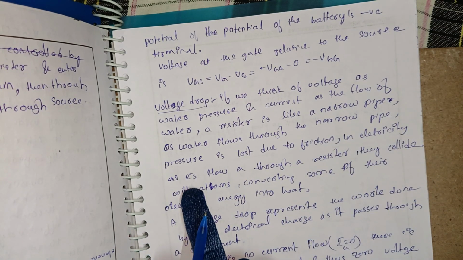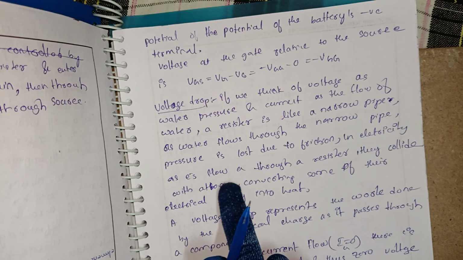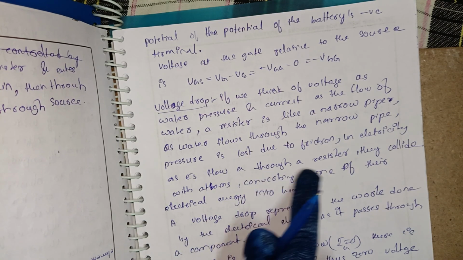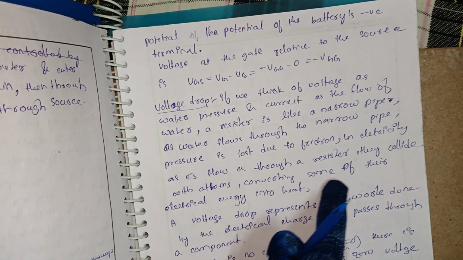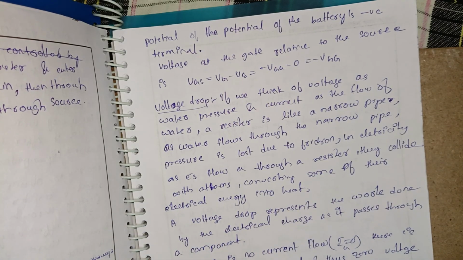In electricity, as electrons flow through a resistor, they collide with atoms, converting some of their electrical energy into heat.